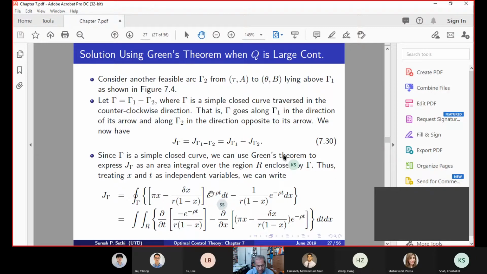This is the line integral, and the circle here means it's a line integral along a simple closed curve. That is the notation from calculus. Green's theorem says I can convert that into a double integral on R. The double integral is partial t of this quantity minus partial x of that quantity, dt dx. So that is the formula coming from calculus.